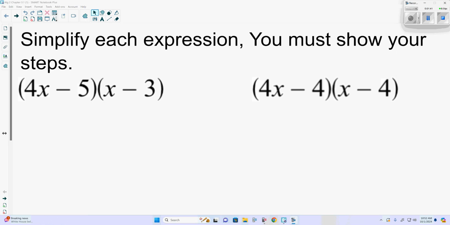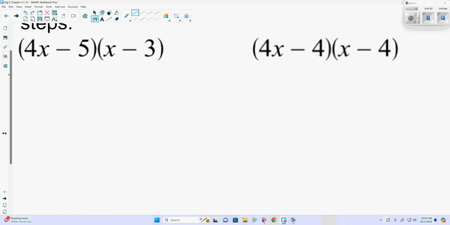Now, what we're going to be starting out with in 3.1 is factoring. Y'all have done the opposite of factoring, the distributive property, before. If we look at the first one, 4x minus 5 times x minus 3, we would distribute.